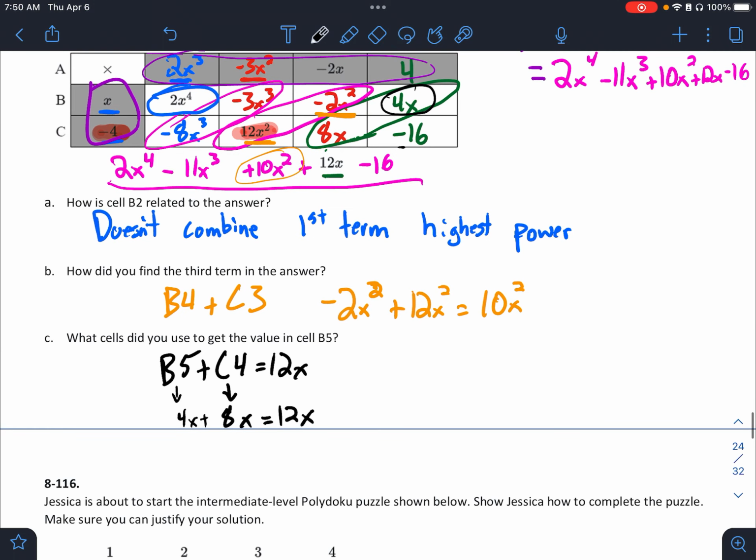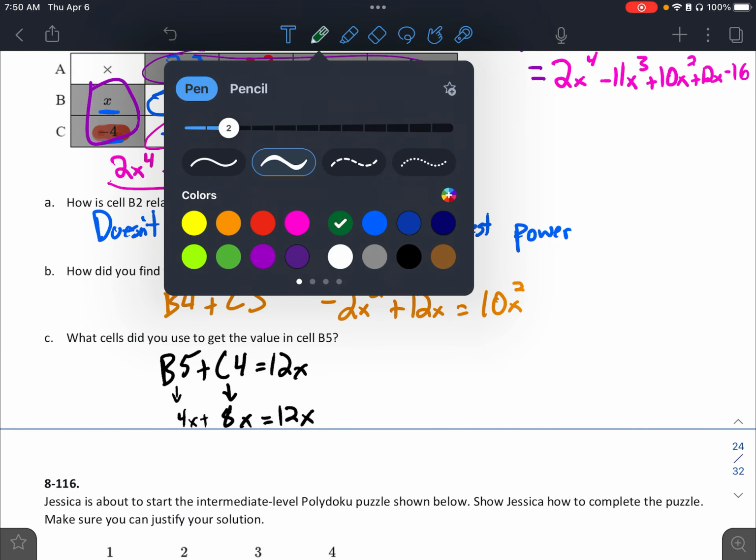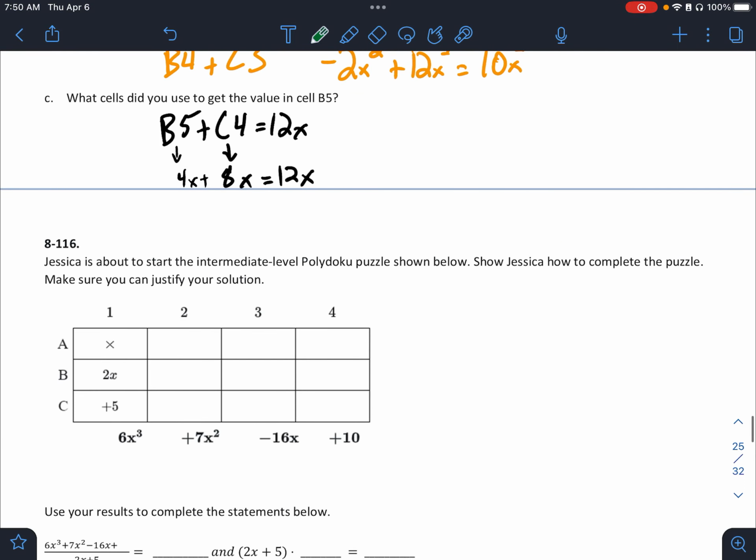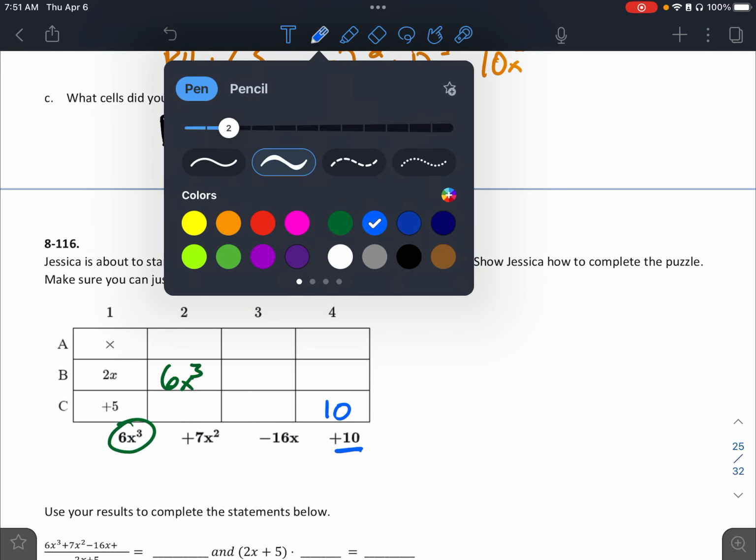Similar to what we just said here, B2 is always going to be my first term, or this one, and this one will always be our first and our last term. So I know then my first term is 6x to the third, okay? I also know that my last term is going to be 10, and that's from here, okay?